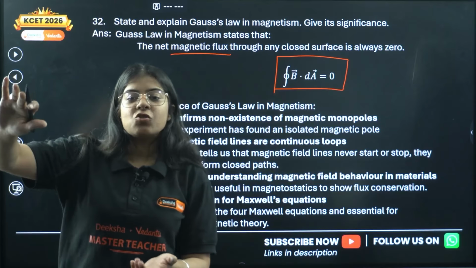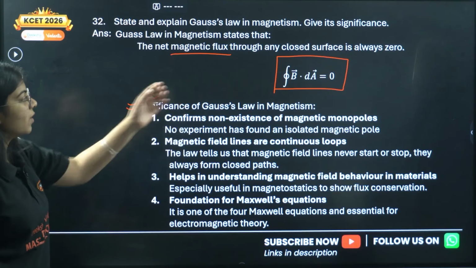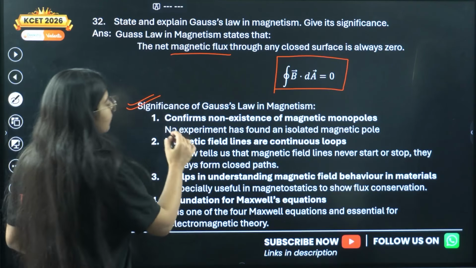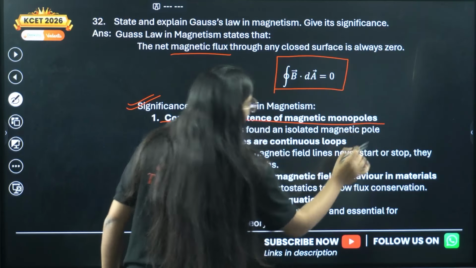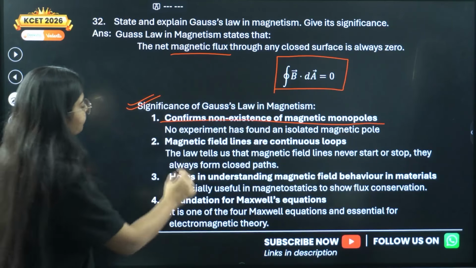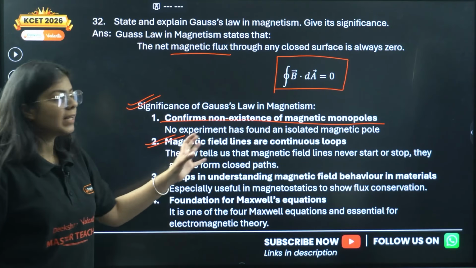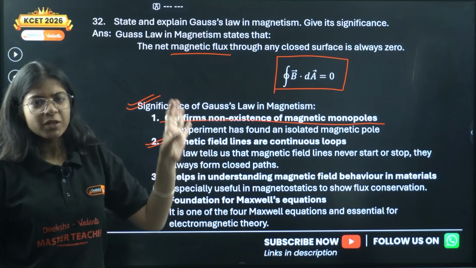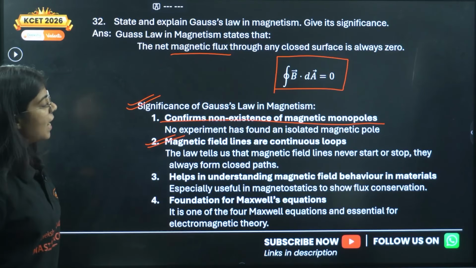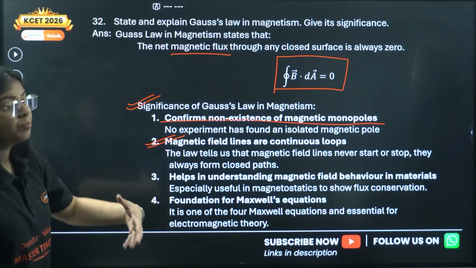Magnetic field lines going out are coming back as well, so total flux is zero. This confirms the non-existence of magnetic monopoles, and magnetic field lines are continuous loops. We know this from childhood. Third, it helps in understanding magnetic field behavior.